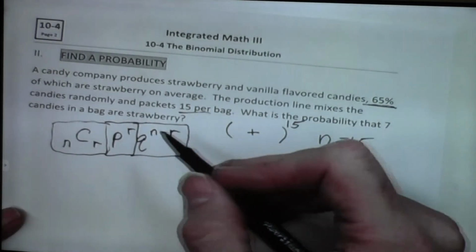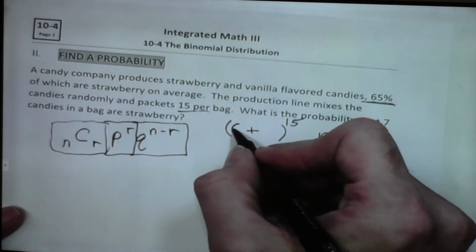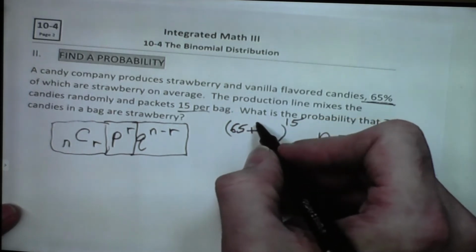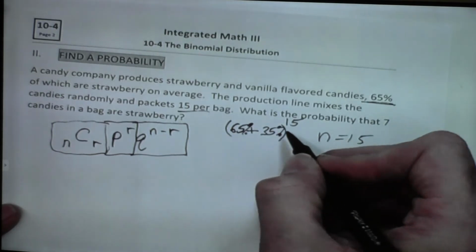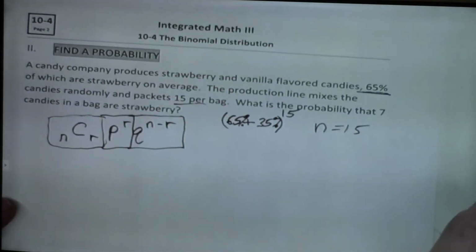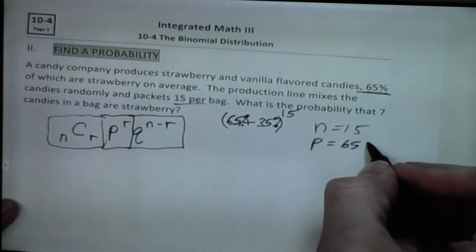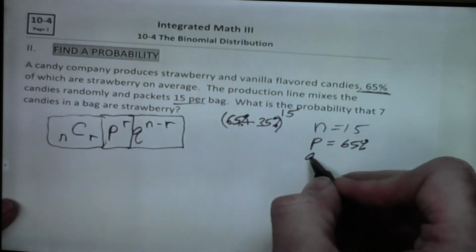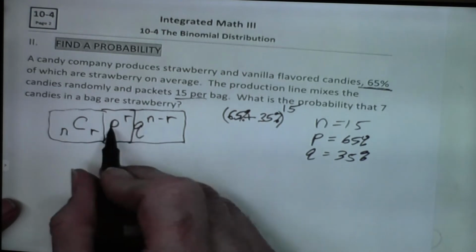If 65% of them should be, that's what we would call the success, the first number. So we're going to put 65% here. And the failures, the ones that are not strawberry, would be 35%. So p is the 65%, and q is 35%. I'm figuring out each of these parts.